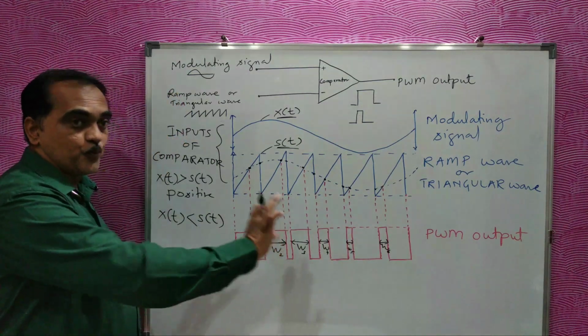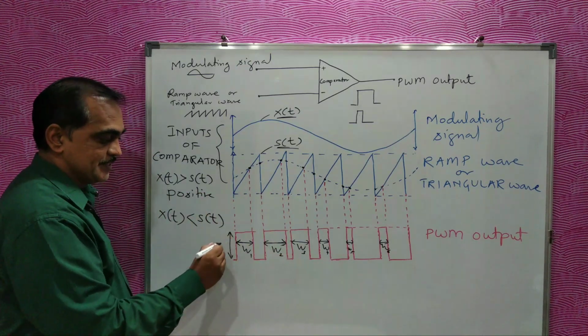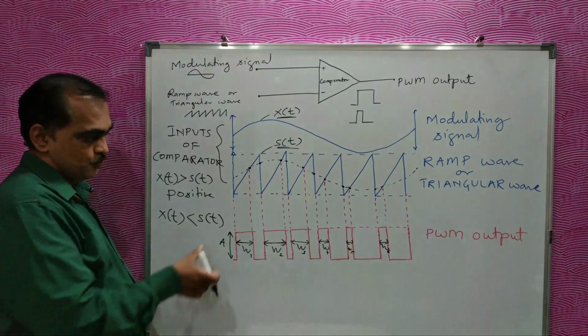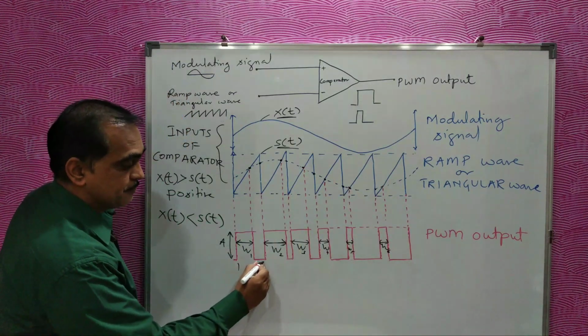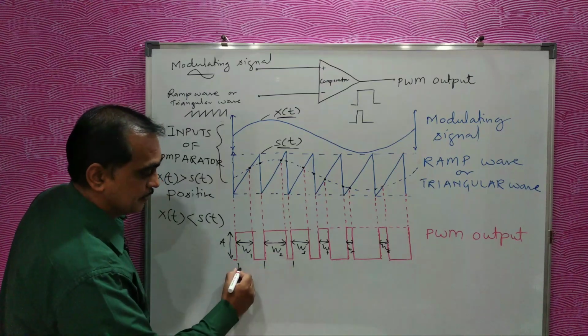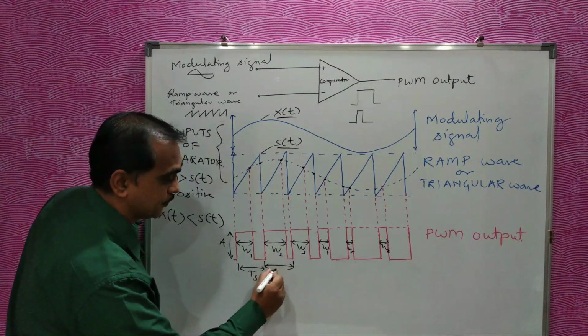Now in this output wave, the amplitude of the pulses will remain constant. You can see the amplitude remains constant. The time period between pulses, that is the position of the pulses, will also remain constant.